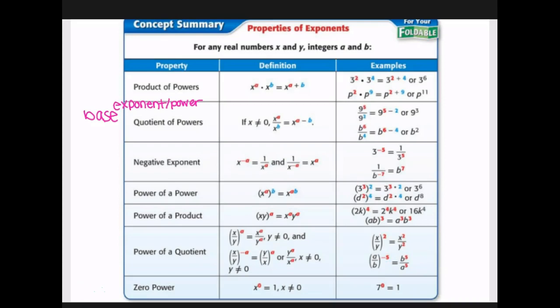That distribution holds true for a power to a quotient. And anything to the 0 power is always 1.